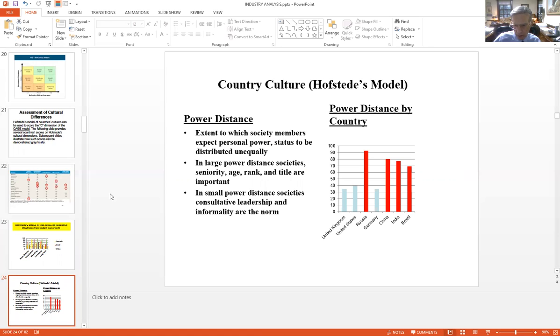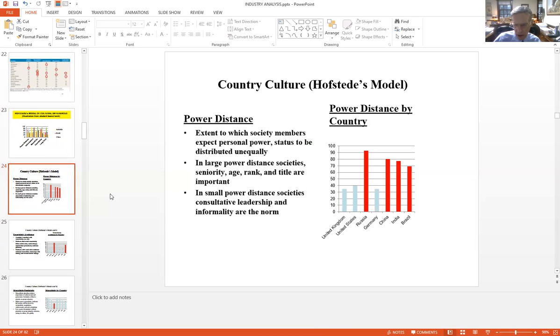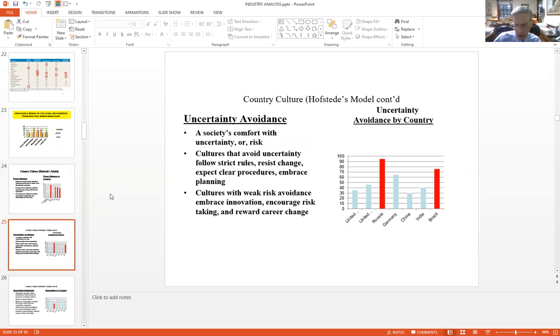So does China. By the way, so does India, which is important because India, like China, is a large, growing country. So risk avoidance or uncertainty avoidance, you can see Russia again, pretty high on the loading. So is Brazil.